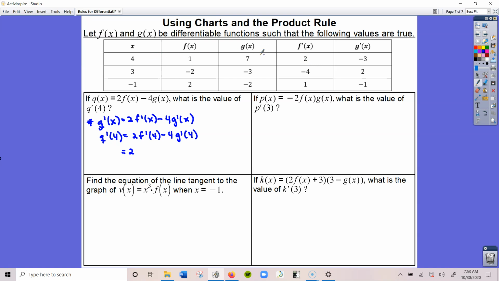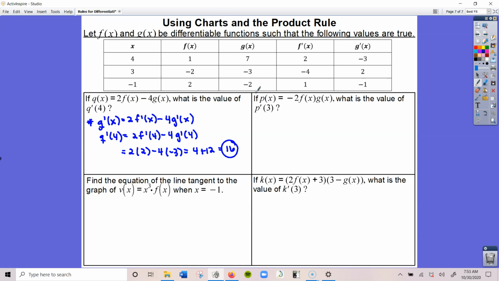This is x is 4, so f prime of 4 is 2. Minus 4. Now g prime of 4, here's the column, right? So 4. G prime of 4 is negative 3. 2 times 2 is 4. And negative 4 times negative 3 is a positive 12. And 4 plus 12 is equal to 16. So that's q prime of 4.